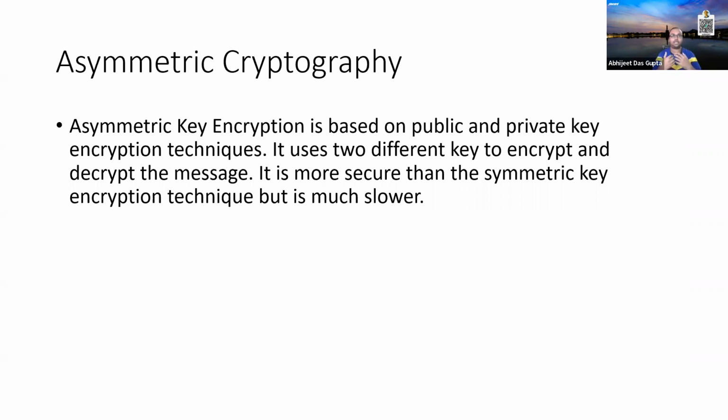So in a way, if two people want to communicate something in an encrypted channel, I would generate my own public private key pair, and the other person would also generate his or her own key pair. We will share our public keys with each other.